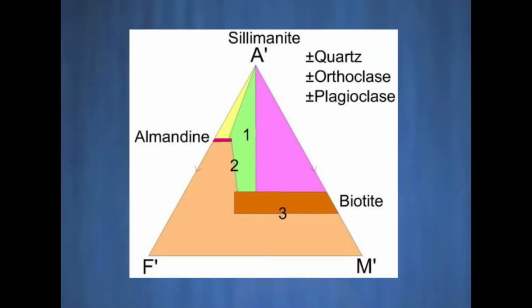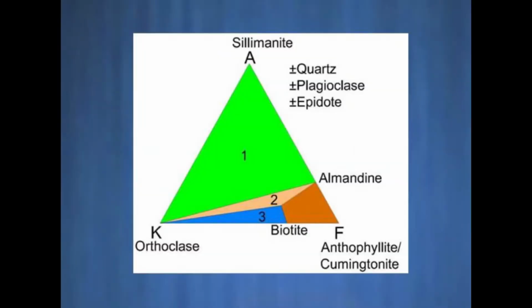The assemblages are: first, sillimanite, almandine, orthoclase, plagioclase, quartz, also known as sillimanite-almandine gneiss. Second assemblage, sillimanite, almandine, biotite, plus minus orthoclase, plus minus plagioclase, plus minus quartz, also known as sillimanite-almandine biotite gneiss.